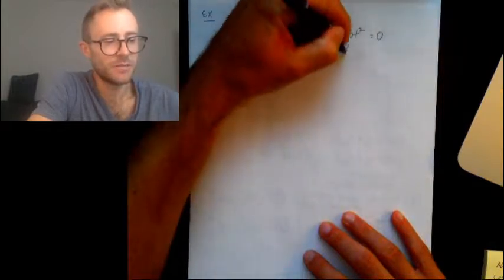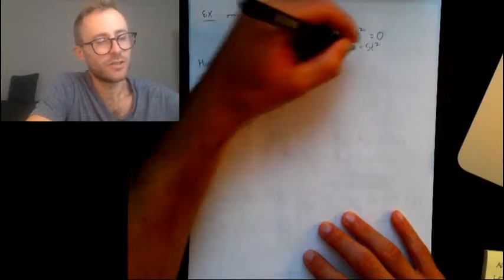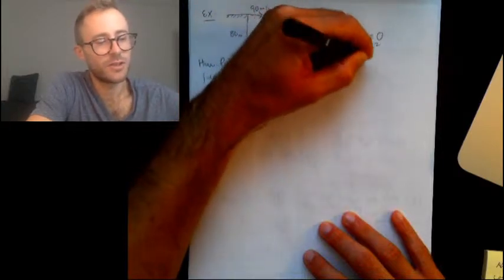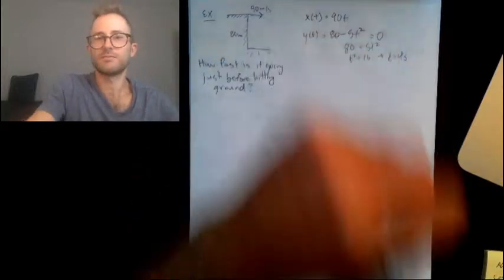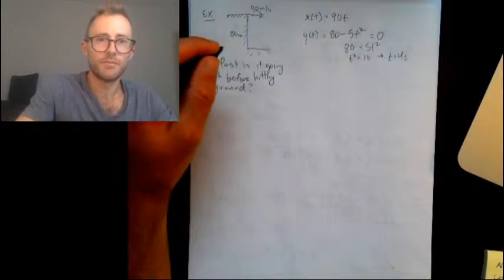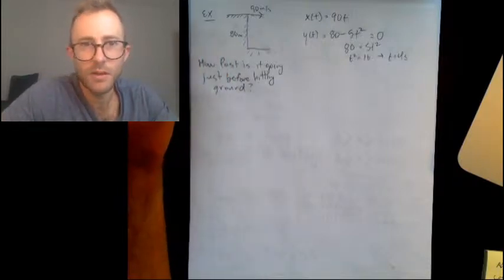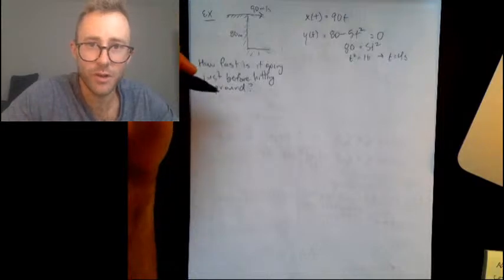So I have 80 equals 5t squared. So that says that t squared equals 16. And that says that t equals 4 seconds. Okay. All right. So the impact is going to happen 4 seconds after the launch.